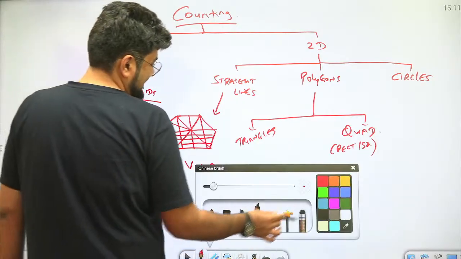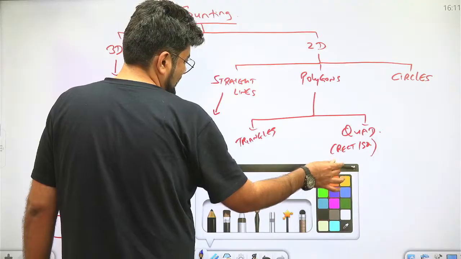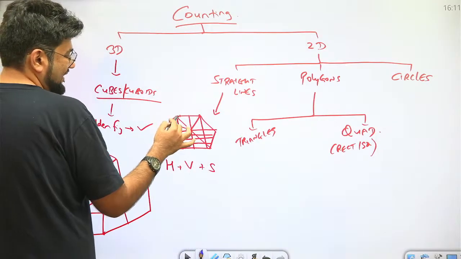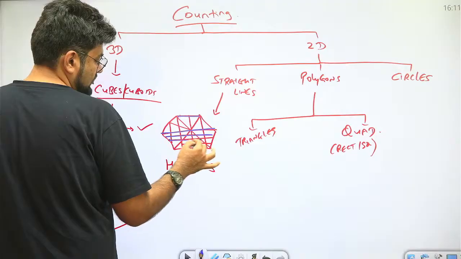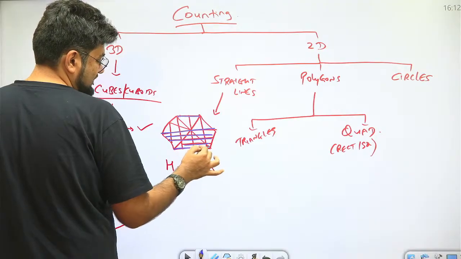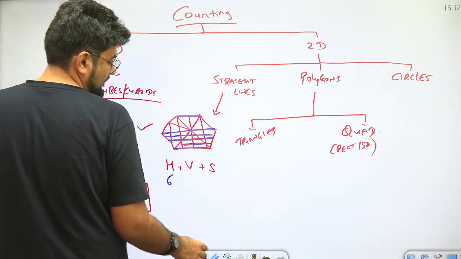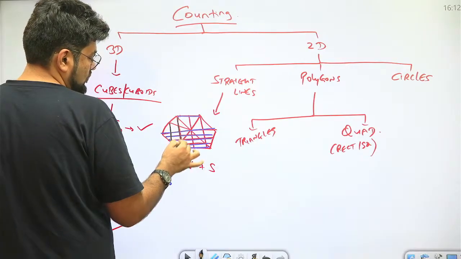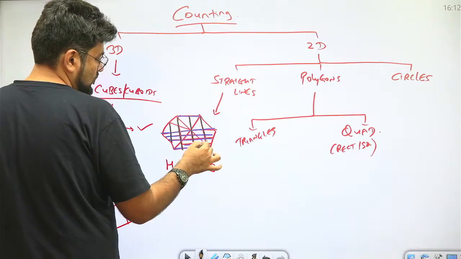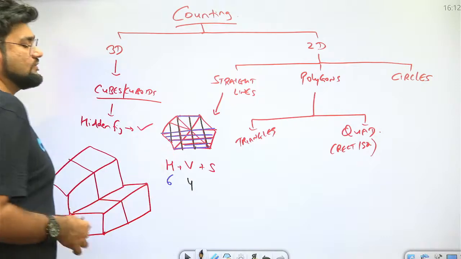In this case, if I look at the horizontal part, how many lines do I have? I have 1, 2, 3, 4, 5 and 6. So I have 6 horizontal lines. When I talk of the vertical lines, how many do I have? I have 1, 2, 3, 4 vertical lines. And the rest of them are slant lines.